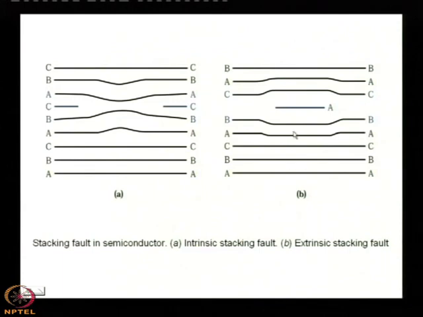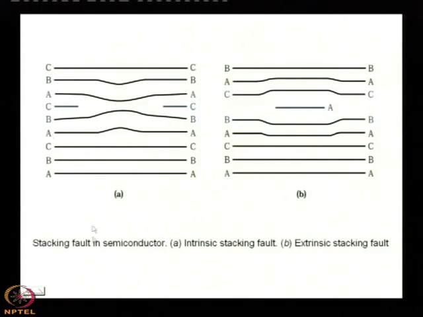So, it will give you lattice strain. When there is an insertion, it is known as the extrinsic stacking fault, and if there is an absence of a layer, it is known as the intrinsic stacking fault.